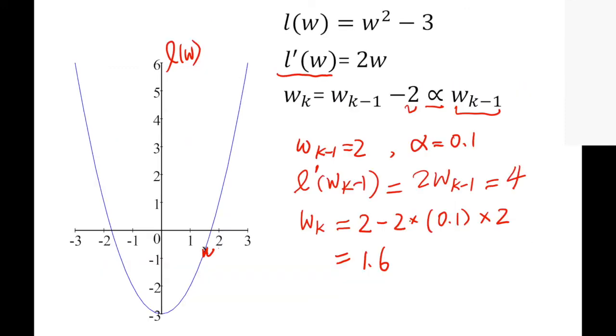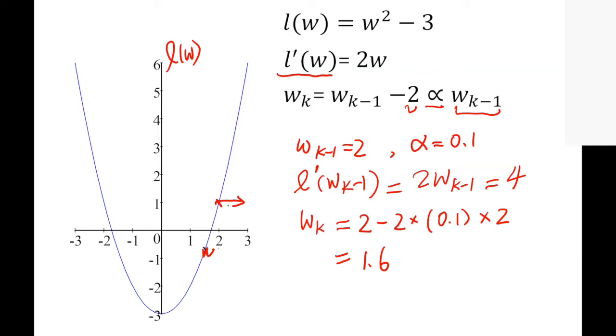So naturally, when L prime of w is positive, at that point the gradient tells you what direction makes the function larger, which is the right direction.